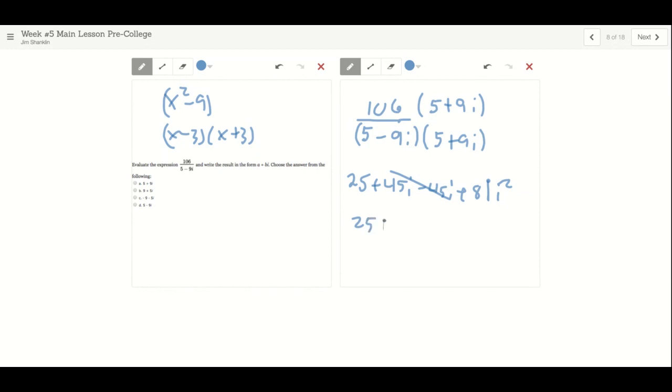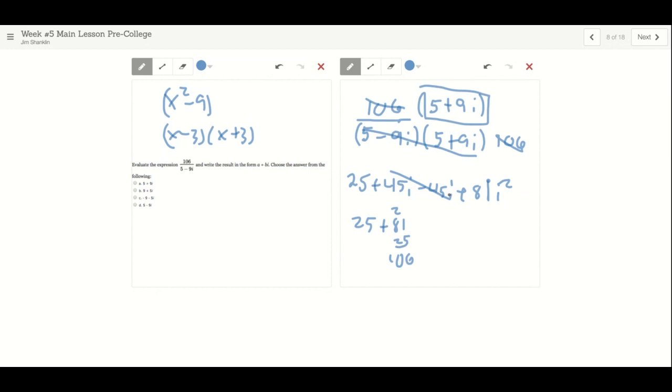So now I have 25 plus 81 on the bottom, which is 106. Holy cow, so this whole bottom becomes 106. The i's are gone. Now this 106 crosses out with this 106. My answer is 5 plus 9i.